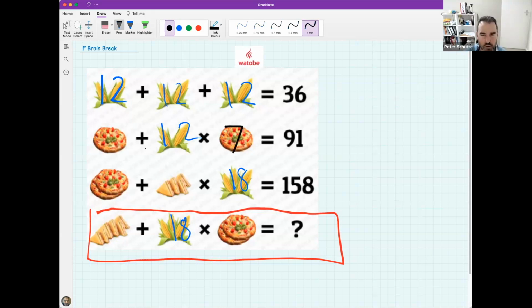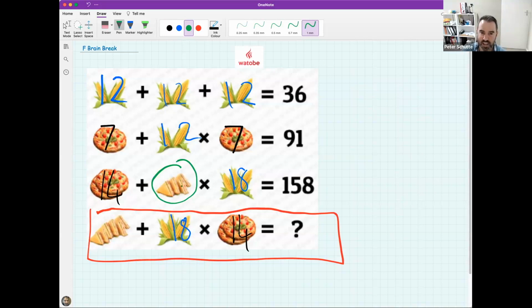And I think you're right, because 12 times 7 is 84, and 84 plus 7. Now, that means each of these pizzas is 7, so that needs to be a 14, and that needs to be a 14. So the last thing, this is a bit of a tough one today. We don't normally do something this tough. We might need the calculator to help us.